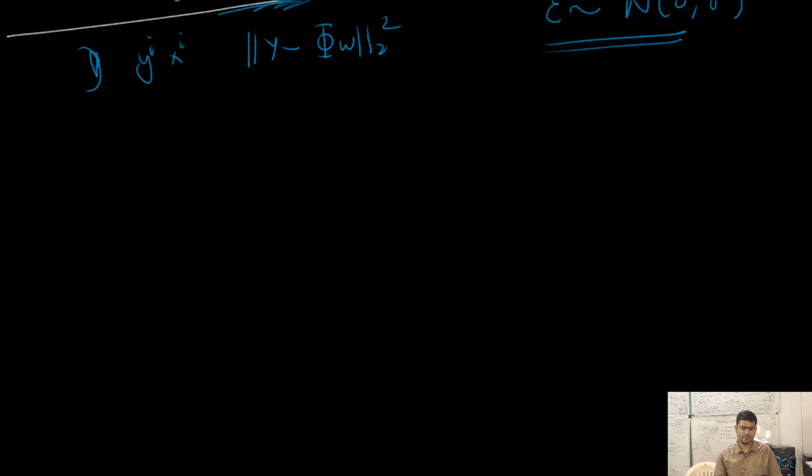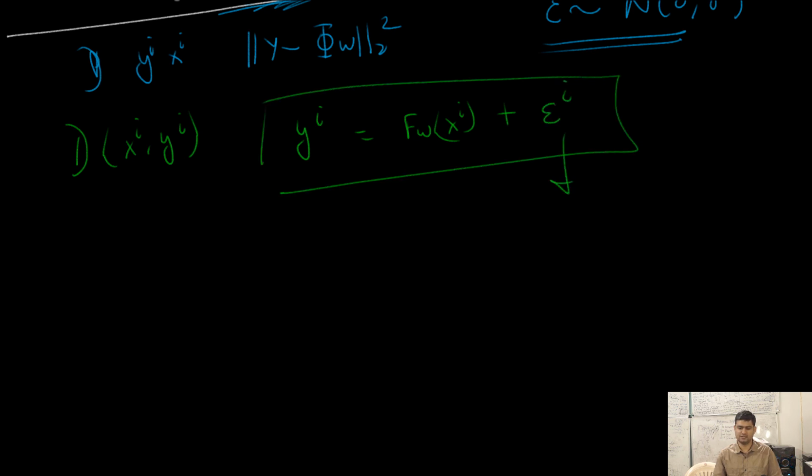So to write it compactly, for a data set D with xi and yi, where yi is equal to fw of xi plus some noise epsilon i, if we assume that the noise has a normal distribution of mean 0 and some variance sigma square, then maximizing the likelihood of the parameter w results in the least square solution.